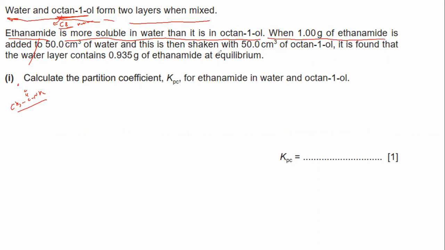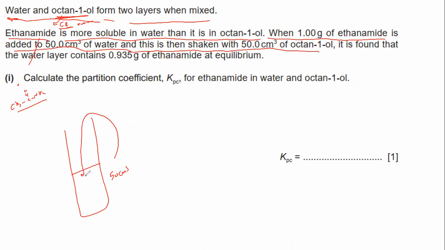When 1 gram of ethanamide is added to 50 cm³ of water, and this is then shaken with 50 cm³ of octane-1-ol. So first of all, we have 1 gram of ethanamide, and we have 50 cm³ of water.